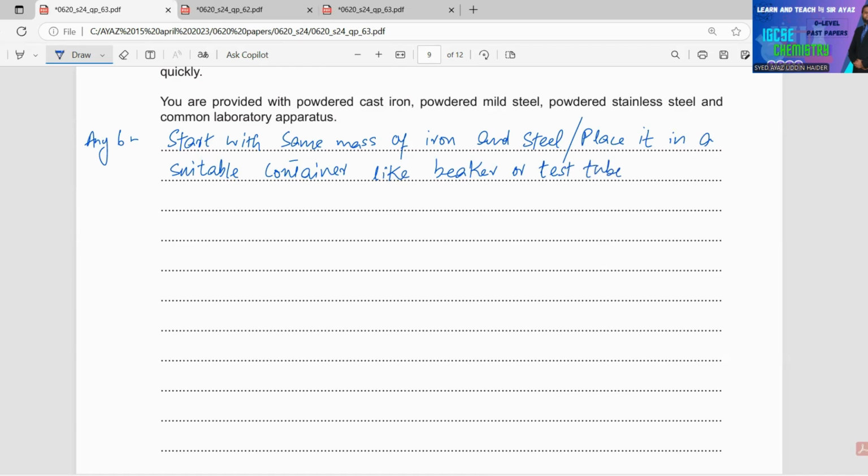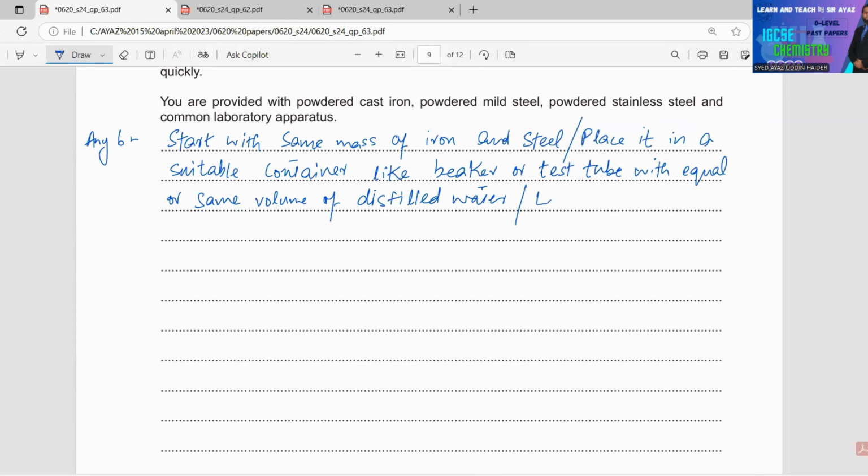With equal or same volume of distilled water. It's very important you will use distilled water. We need pure water. We need water and oxygen for the process of rusting.